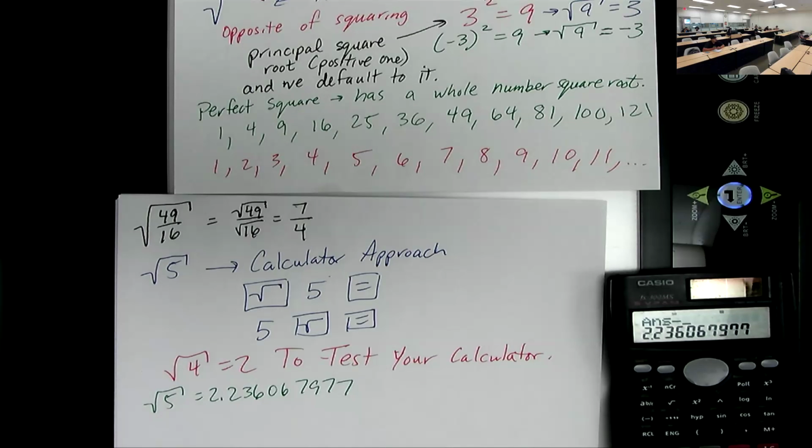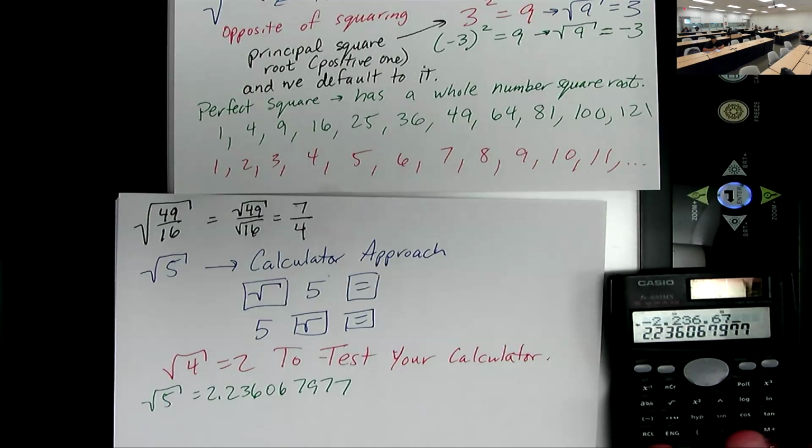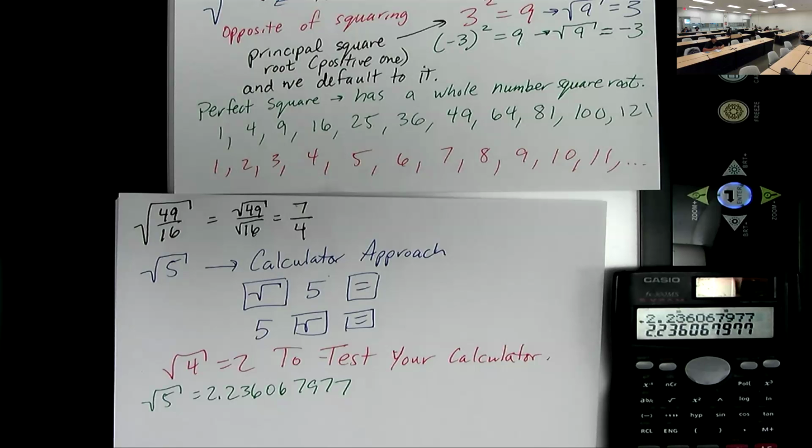I'll do minus 2.2360679 and so on. If it's an exact number, that should be 0 if I subtract it. But I have a whole bunch more stuff left in the calculator. So it's only showing me as many decimal places as it can fit on the screen. Some calculators fit, I've seen like 20. But it's usually not an exact number.